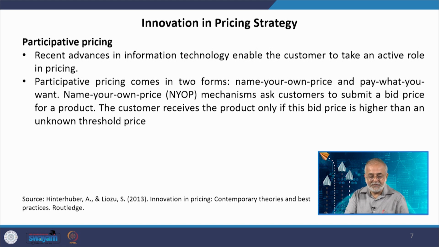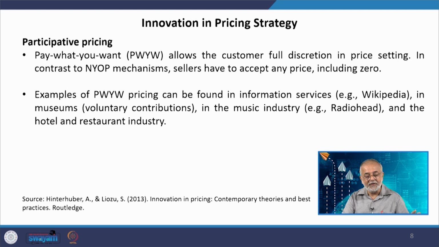The customer receives the product only if this bid price is higher than an unknown threshold price. When this kind of thing comes in, it is a competitive kind of thing. Basically, you are assured of the kind of innovation your product is bringing on board, and then it is the desire of the customer to acquire that product. And definitely, so many organizations and many portals are working on this.